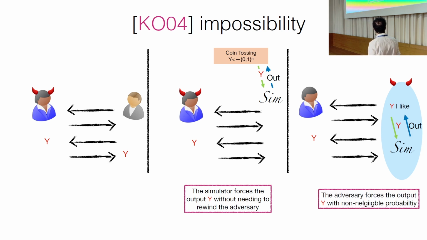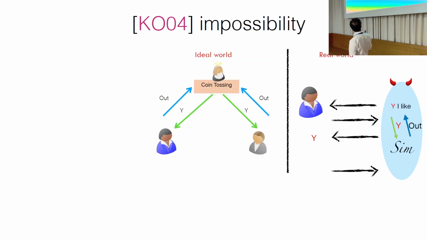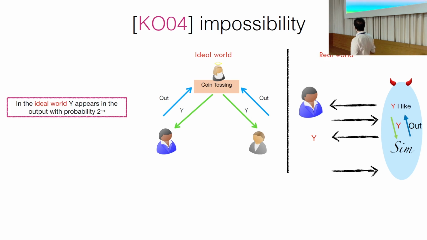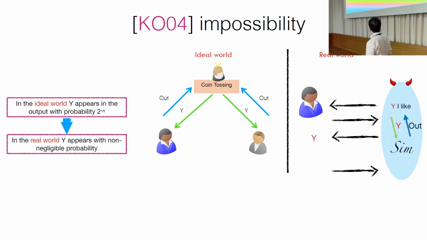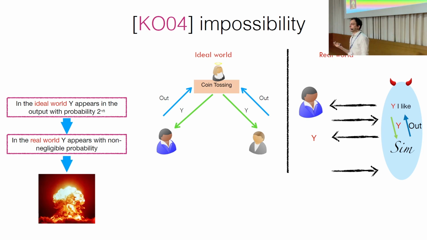So there is a value that in the ideal world appears with probability 2 to the minus n. Assume that the outputs of this ideal functionality are bit strings of size n. Whereas this value appears in the real world with probability much bigger, maybe non-negligible. And this means that our initial assumption was not true. Right? This protocol cannot exist. Okay? That's how you prove this type of impossibility result.